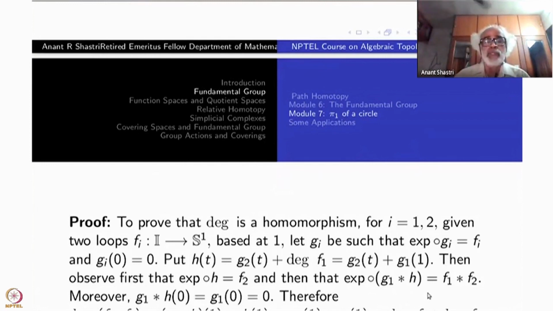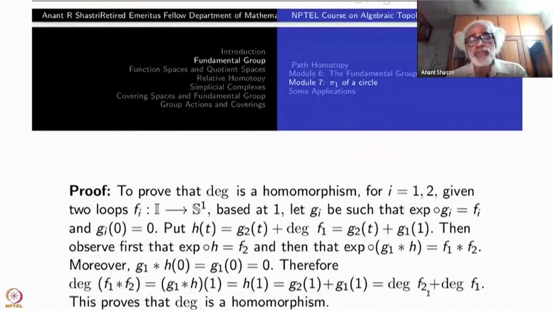Degree of F1 star F2 is nothing but the end point of G1 star H, which is H of 1 now, because G1 star H, at the last point, is H of that, right?